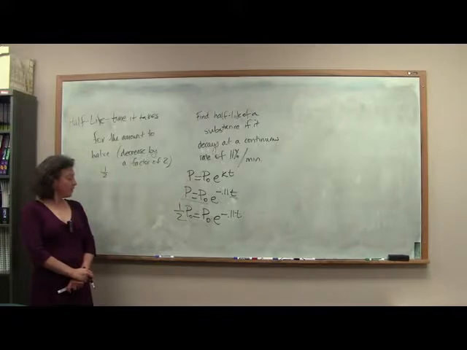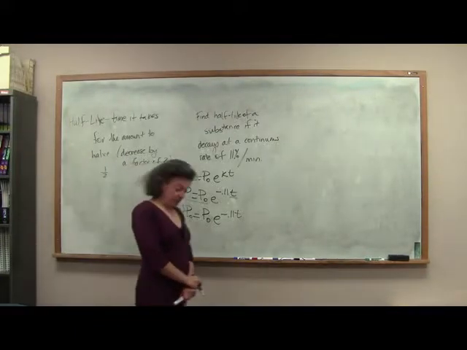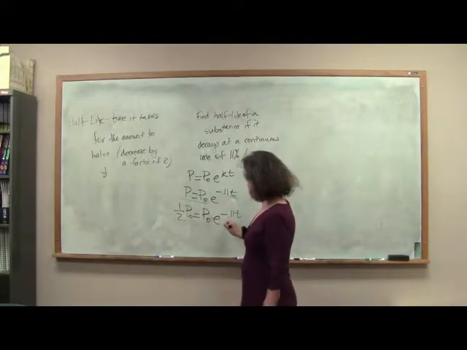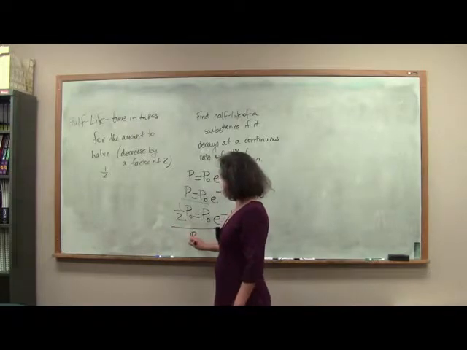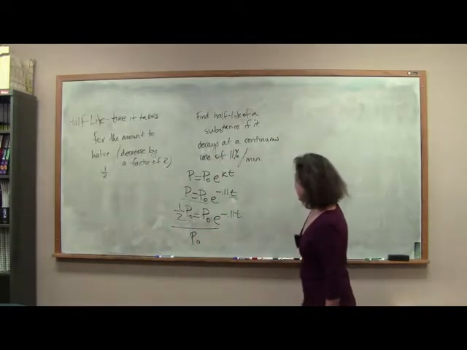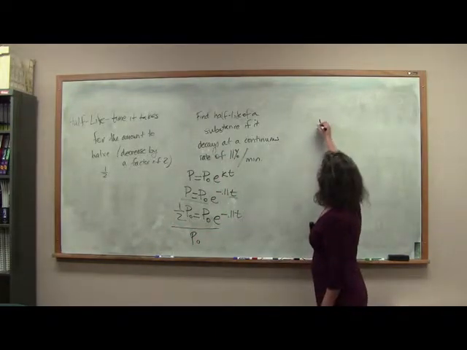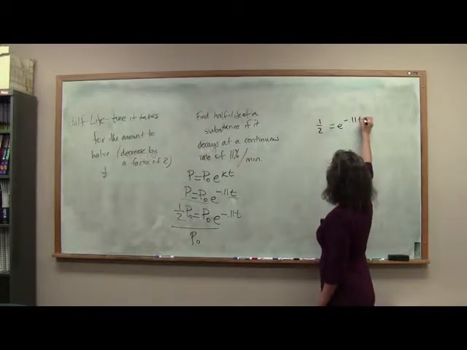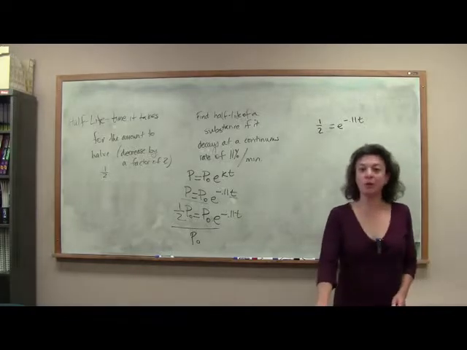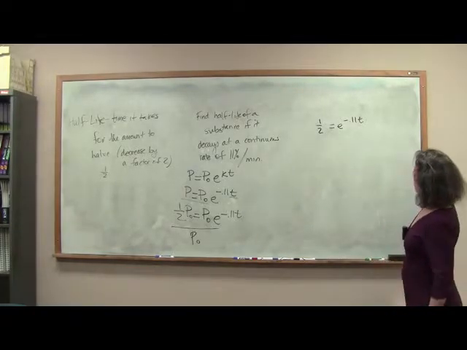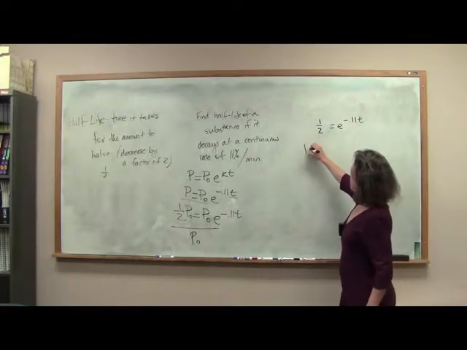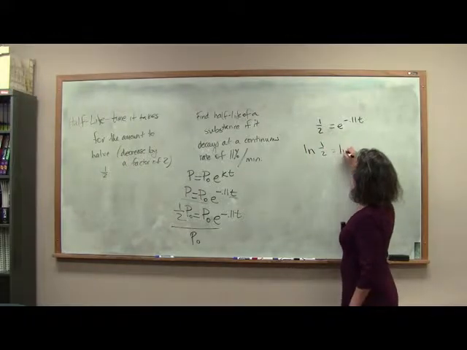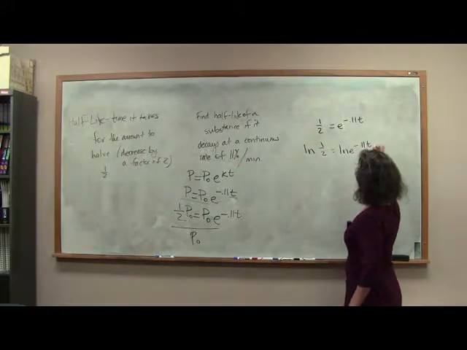Okay? So, we're going to go through and solve this in a very similar manner. Again, isolate your exponential, so we'll divide both sides by P sub 0. Notice I have 1/2 on my left, and I'm left with e to the negative 0.11t. Well, I solve this in exactly the same way. Take the natural log of both sides.